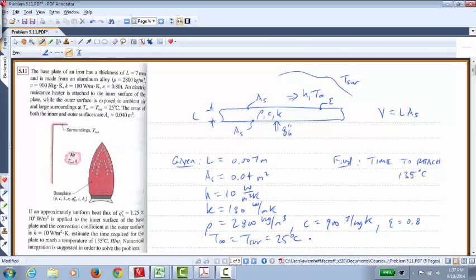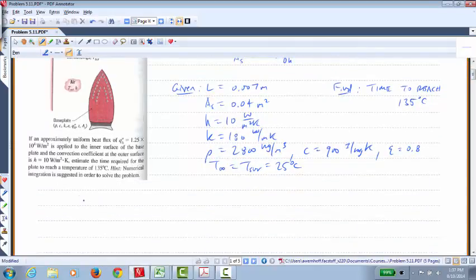So, in order to solve this, we need to come up with a few assumptions. And the first assumption that we already mentioned is that we're going to ignore the edge effects, which effectively turns it into a one-dimensional problem just through the base plate, as opposed to around the edges of the base plate having some 2D effect there. But we're even going to simplify it further.